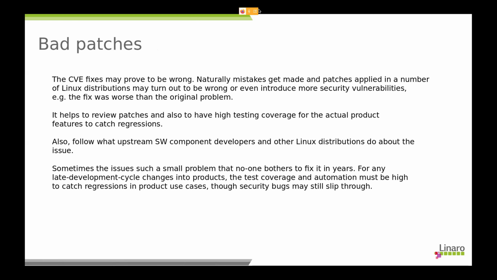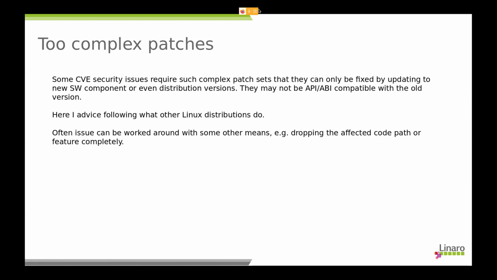The issue might not be disputed, but it is such a minor thing that the upstream developers say they can ignore it. Another side of the thing is that the patches to fix the issue are way too complex. They, for example, refactor everything to fix the issue. That means the refactored hundreds of patches cannot easily be applied to an older version, and API compatibility may be completely lost with the patch set.